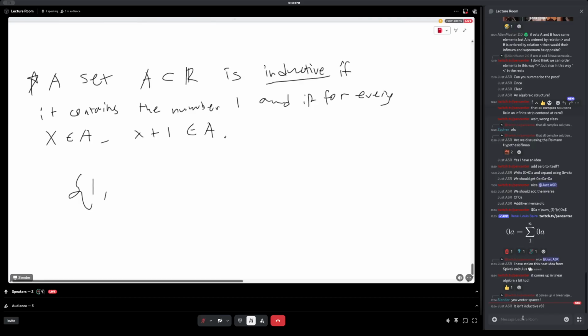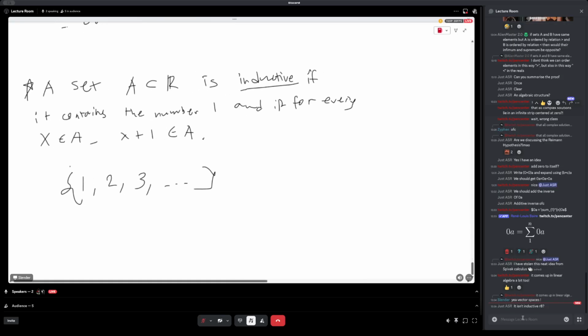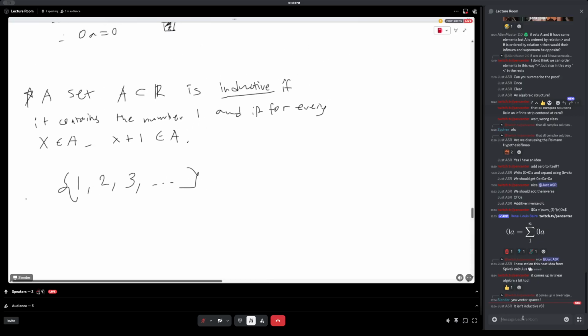Yeah, that's not inductive. Basically, in an inductive set, you get something like this. It starts from 1, 2, 3, and goes on forever. But this is not necessarily the set of integers.